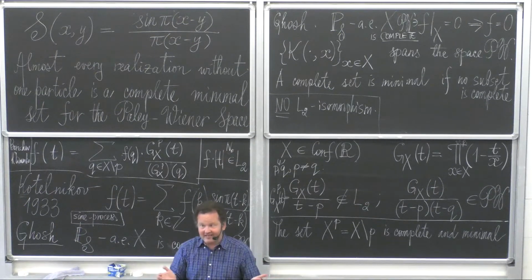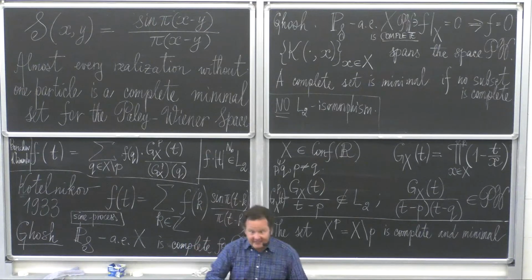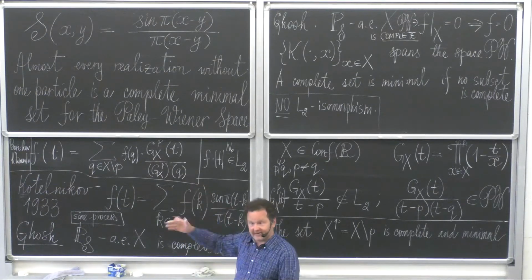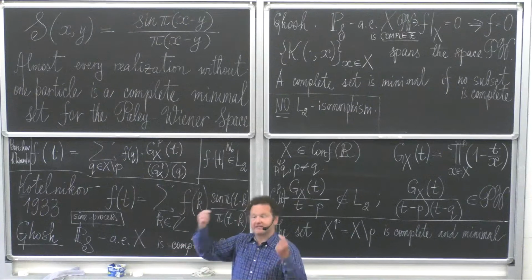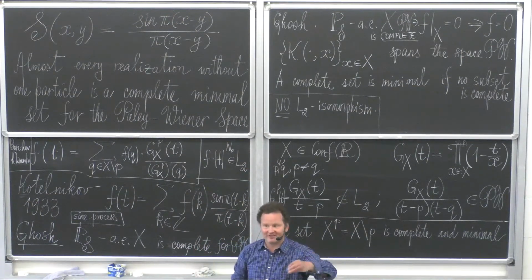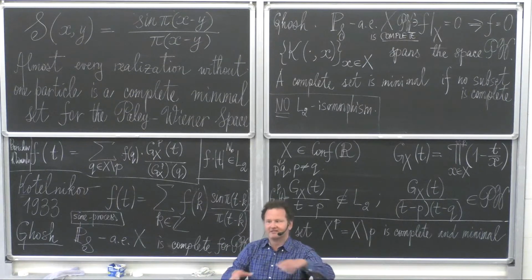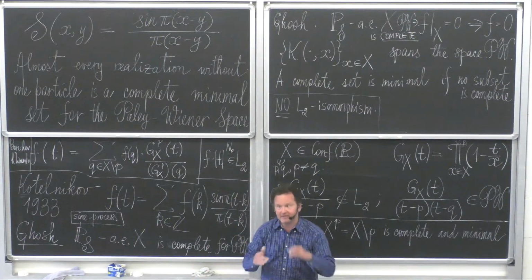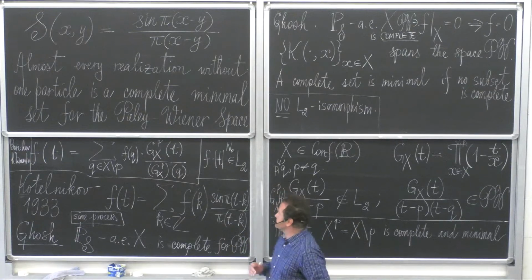And of course, there is the Lagrange interpolation formula. So this statement is what is taken to the scaling limit, with the difference that, in fact, there is, so to speak, one extra, one superfluous particle. So the realization of the sine process is not complete and minimal, it is complete and minimal with one extra particle.